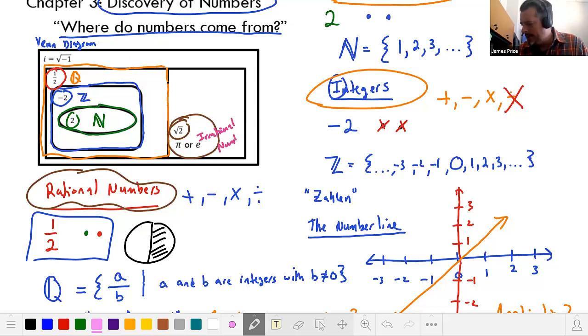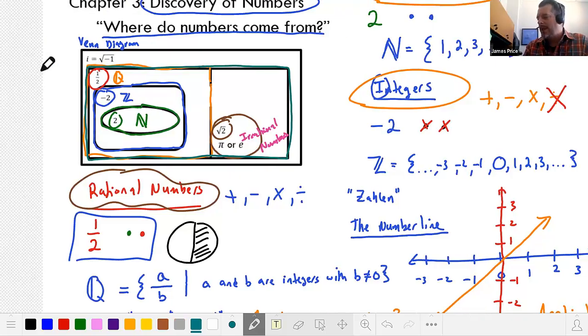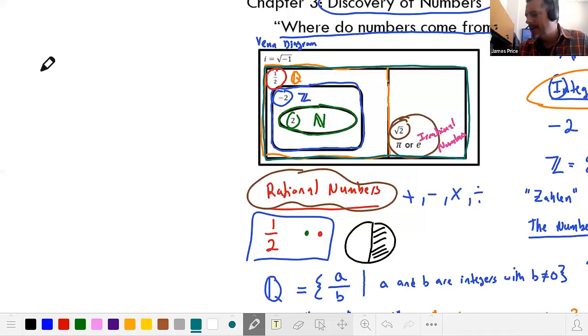But notice there's this whole piece right here in our Venn diagram, this bigger rectangle right here. And that bigger rectangle represents what are called the real numbers. So let me come over here and talk about the real numbers. The real numbers sort of complete our picture.